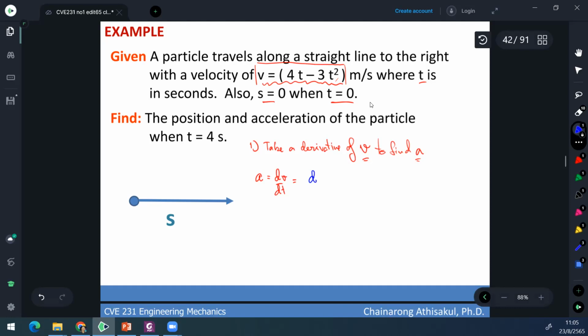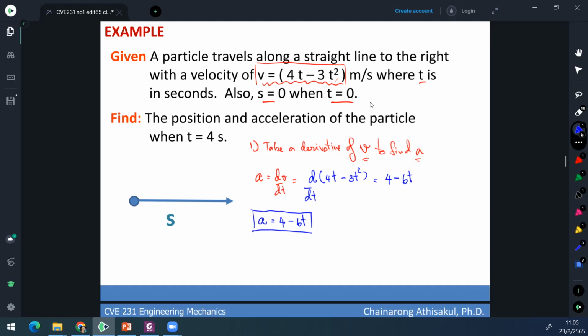We take the derivative of this function. It's a polynomial function, which is very easy to differentiate, right? From this we get the acceleration function equal to 4 minus 6t. You see that the acceleration is not constant. It is a function of time.